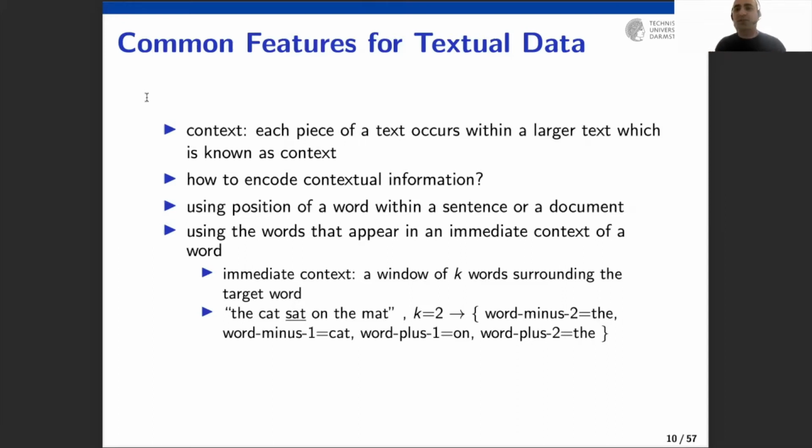So it returns word -2 is "the", word -1 is "cat", word +1 is "on", and word +2 is "the", right? So a feature function can easily take a sentence and a target word and the length of the window, and return the surrounding words of this target word as contextual information.